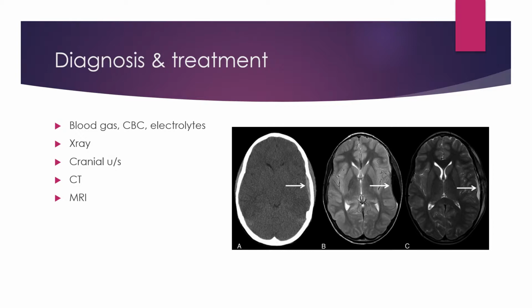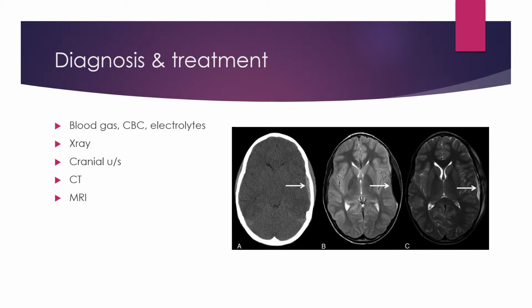So most of the time, it's just supportive care while they're getting over the injury. And if there is bleeding, only if there's pressure in some of the more critical areas would neurosurgery do something, but most often it's just we wait and watch and see how things evolve.